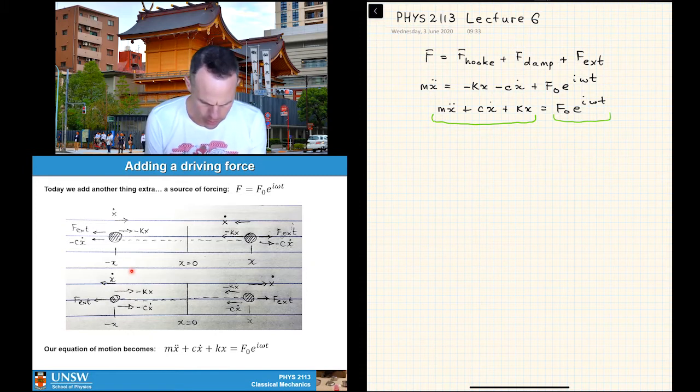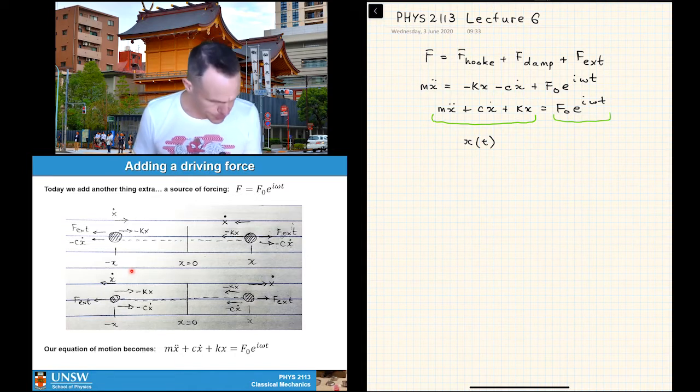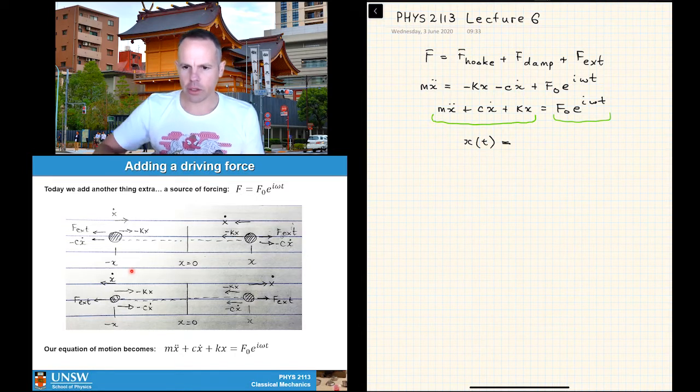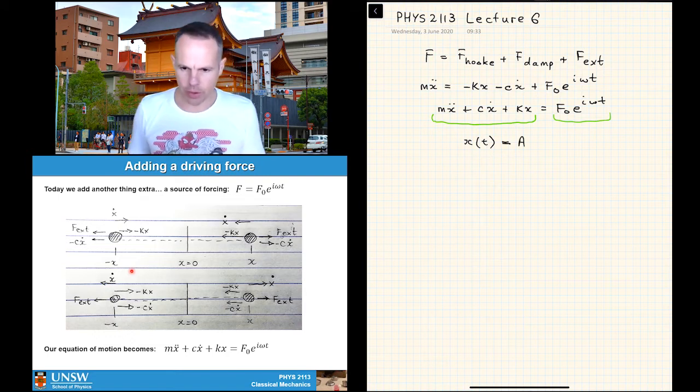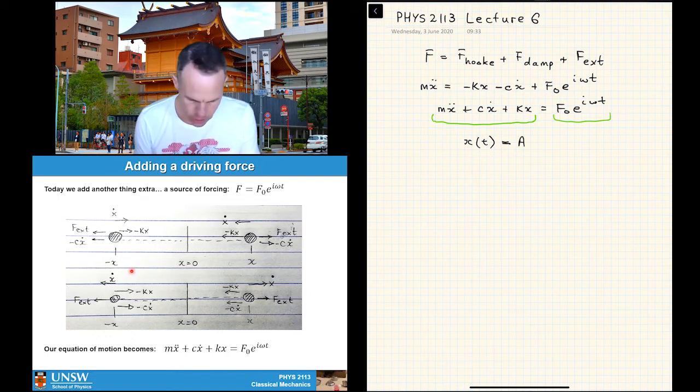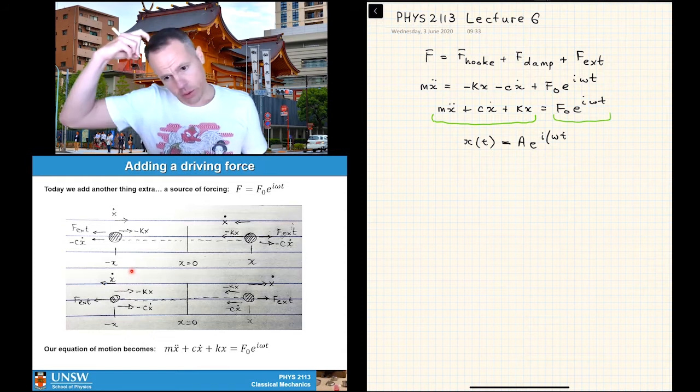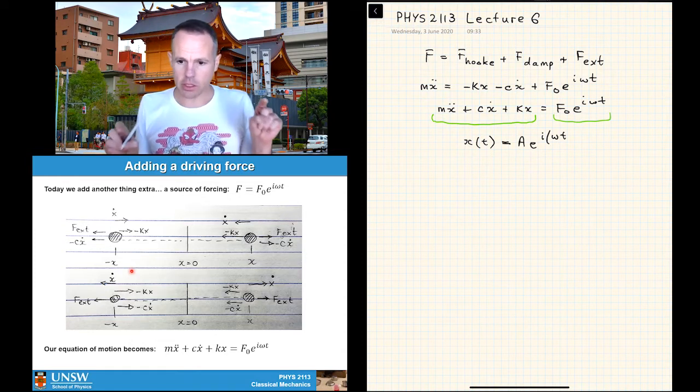And so what we're going to do is make the inspired guess here that we have an x of t, and given that we've got an oscillatory force, we're probably going to have an oscillatory term in here, okay? So we'll give it an amplitude prefactor at the front, so we can set a magnitude to this thing, times e^(i omega t), and we're going to assume that this term responds at the same frequency as the driving force.